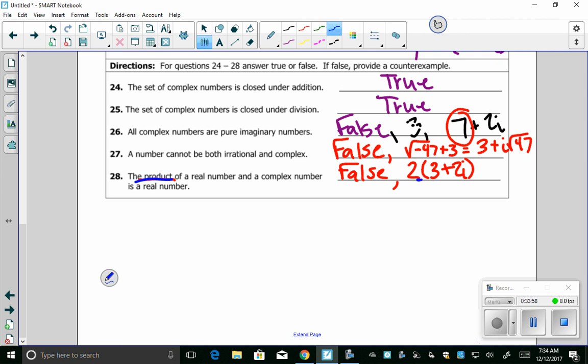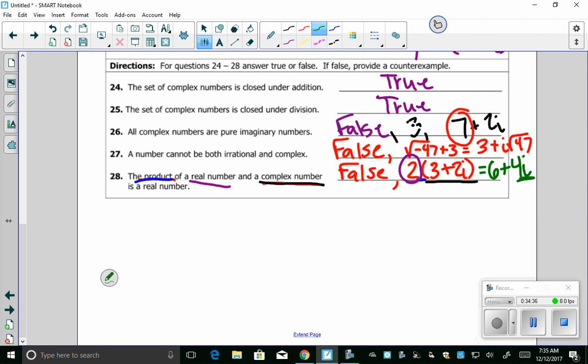So I'm multiplying right here, a real number, 2 is a real number, and a complex number, this being the complex part. Is going to give me 2 times 3, which is 6. 2 times 2 is 4i. So it's still a complex number, but it's imaginary because of the i.